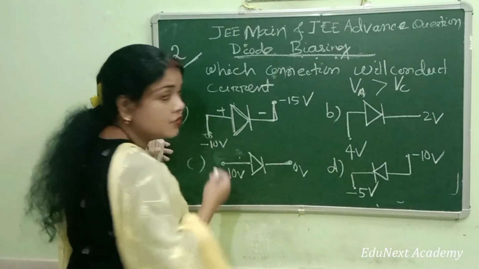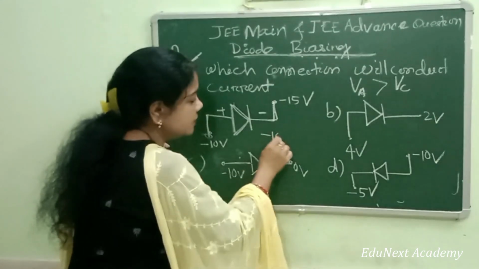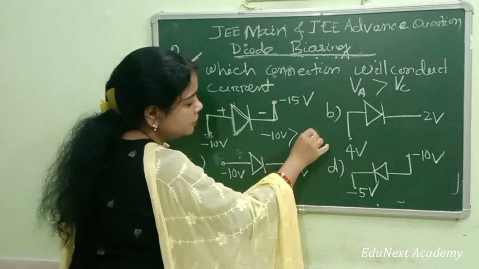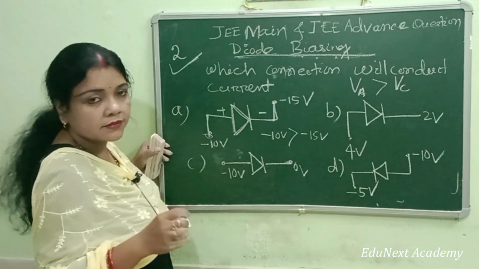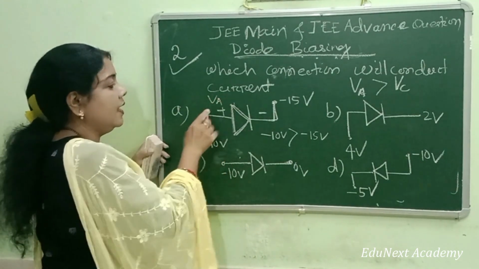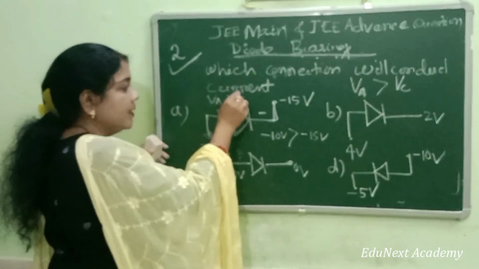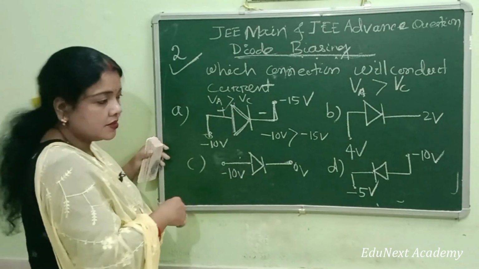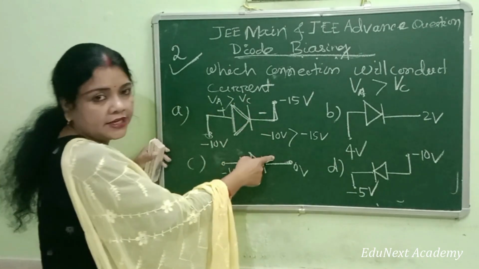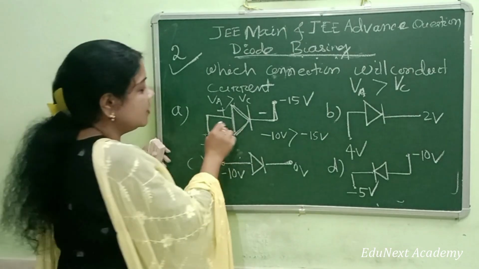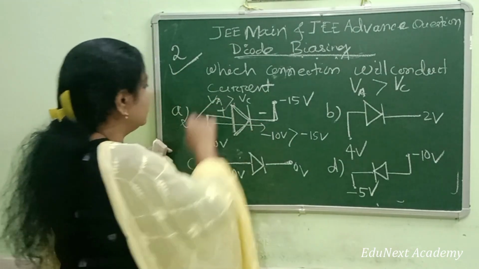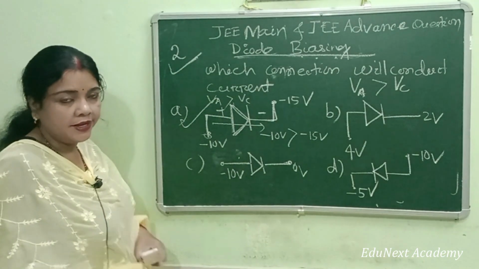So you know which one is greater? Minus 10 volt is obviously greater than minus 15 volt. That means the anode voltage VA is greater than the cathode voltage. Obviously the condition for forward biasing is satisfied and current will flow. So the first condition is satisfied.